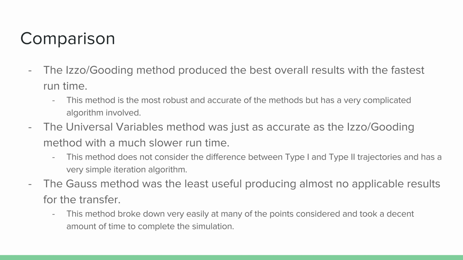This method does have the advantage of not having to input the difference between type 1 and type 2, but that's really nothing compared to time. And the Gauss method is obviously the least desirable. It provided the least amount of useful information, and although it runs for a decent amount of time, it was pretty much all for naught.